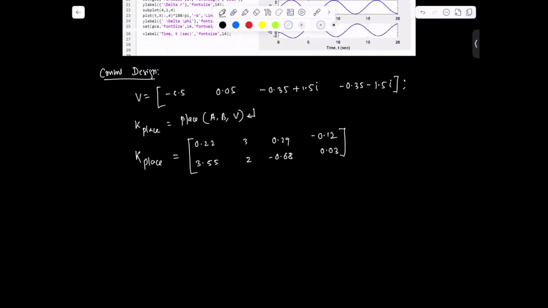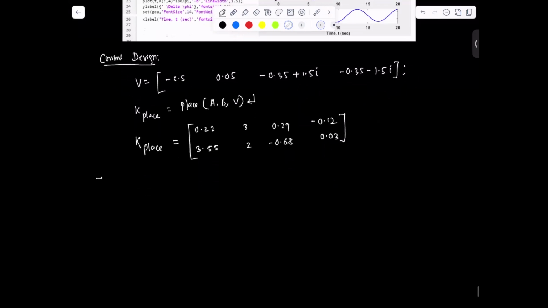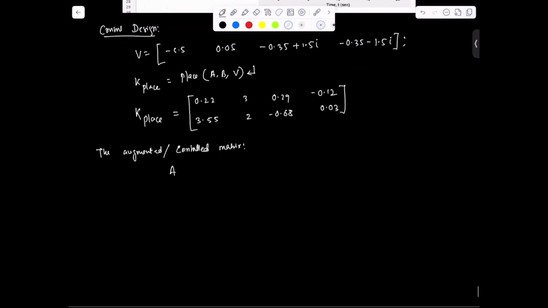Now, from this, we can find the closed loop matrix, or the augmented control matrix. We can say ACL equal to A minus BK.